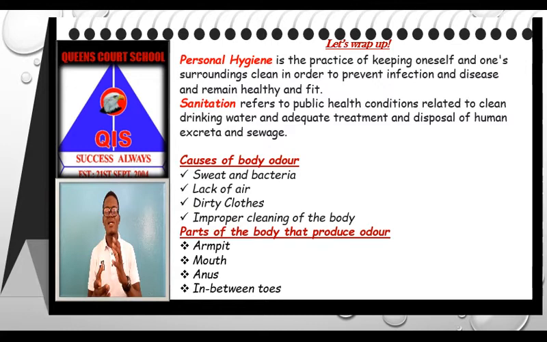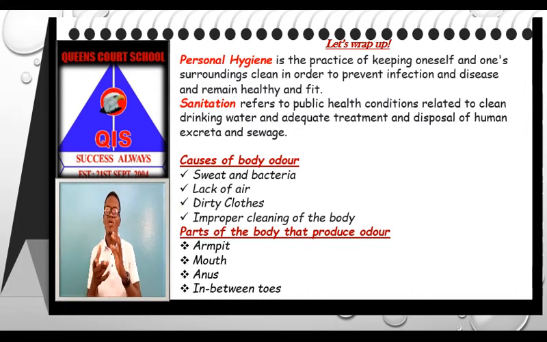Personal hygiene is the practice of keeping oneself clean and the environment or surroundings clean in order to prevent infections and diseases and remain healthy and fit. Sanitation refers to the public health conditions related to clean drinking water and adequate treatment and disposal of human excreta and sewage.